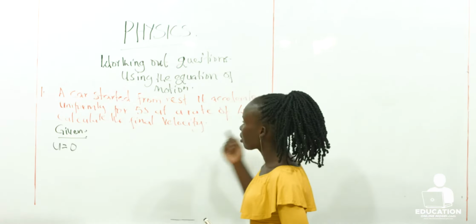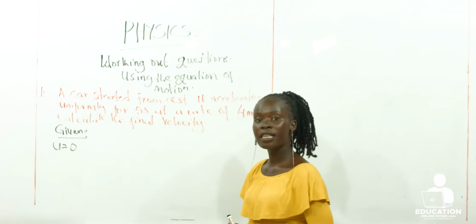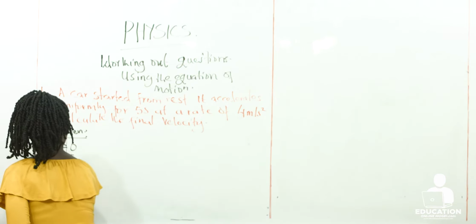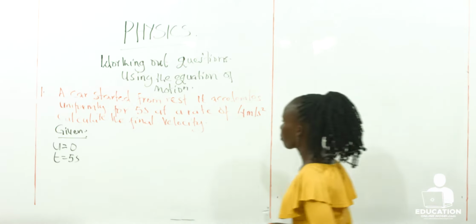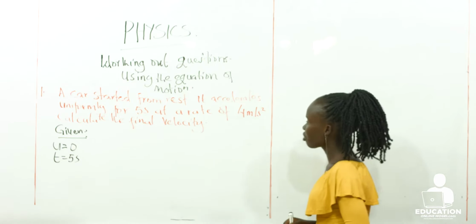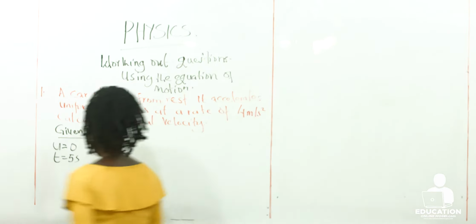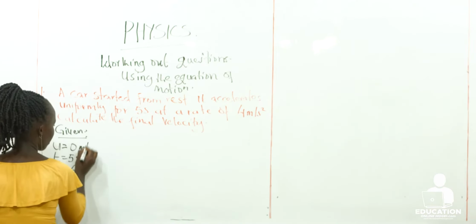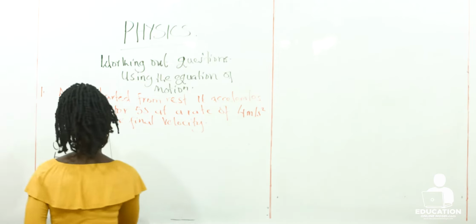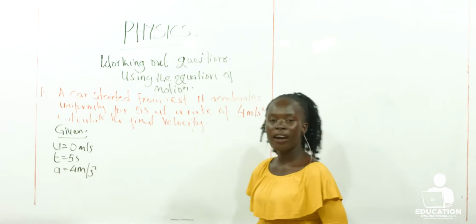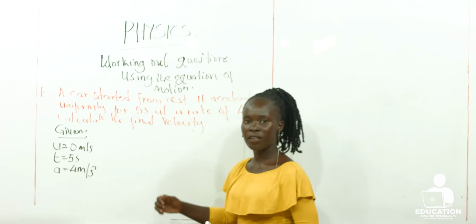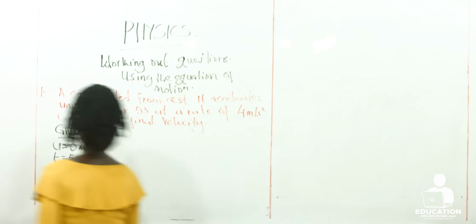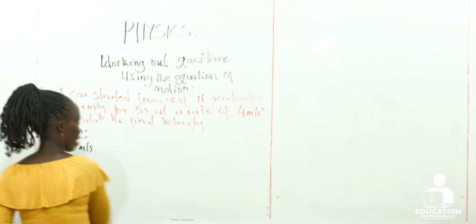It accelerates uniformly for 5 seconds, so the time has been given to us as 5 seconds, at a rate of 4 meters per second squared. That is our acceleration. So our acceleration a is equal to 4 meters per second squared. Calculate the final velocity. The question has even indicated exactly what they want, which is v. So we are looking for v.